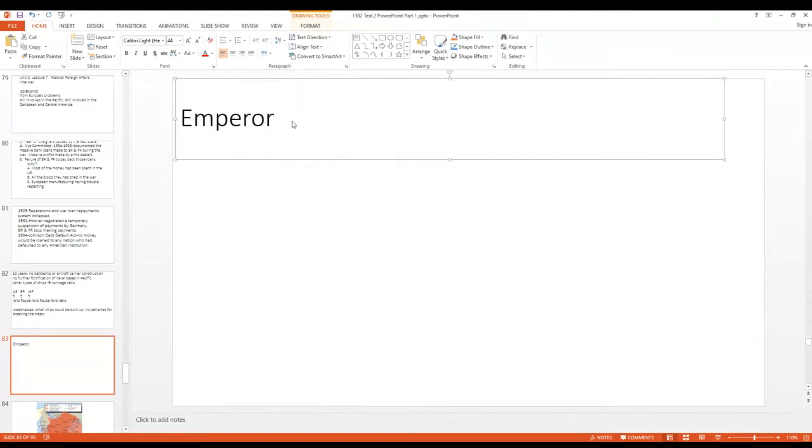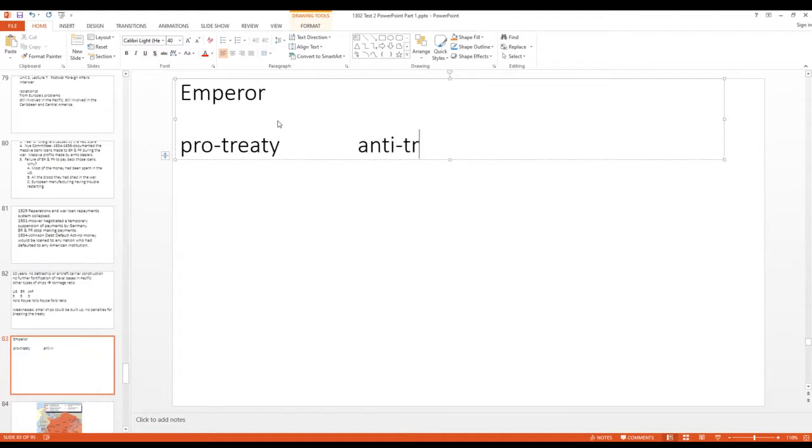And within the military, there were 2 groups. One group was pro-treaty, and one group was anti-treaty.